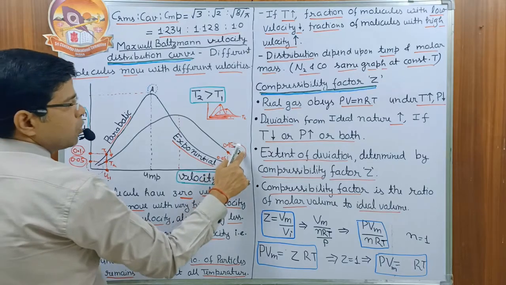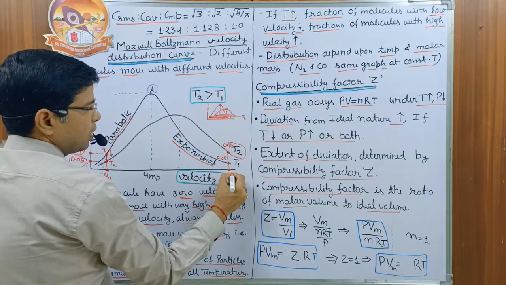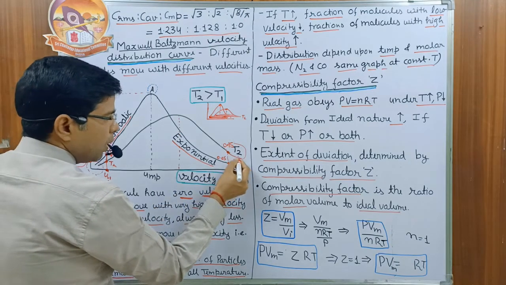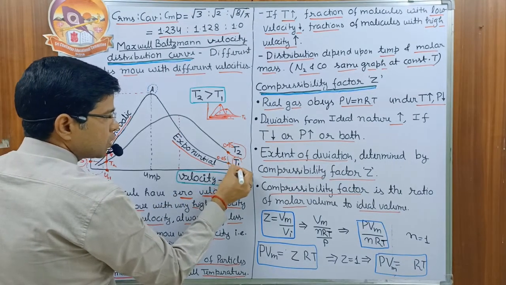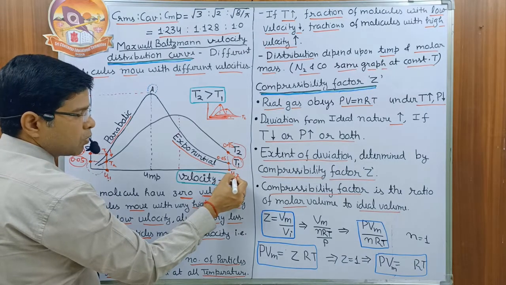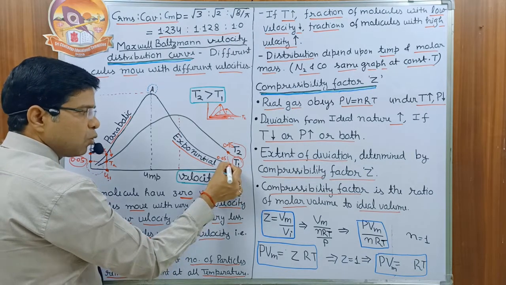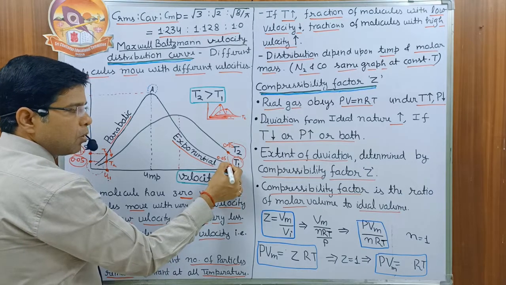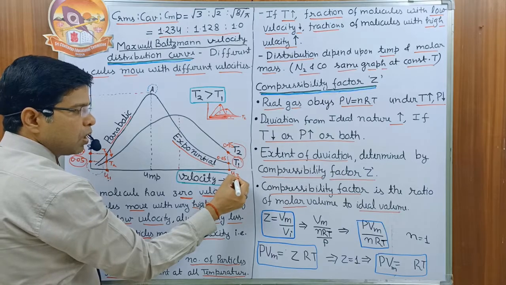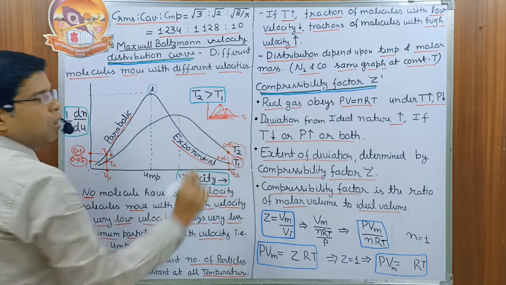Look, T2 is more than T1, and this is the higher velocity u2. At the lower temperature T1, the fraction of molecules which move with the higher velocity u2 is less, only 0.05. But at the higher temperature T2, the fraction of molecules which move with the higher velocity u2 is higher.